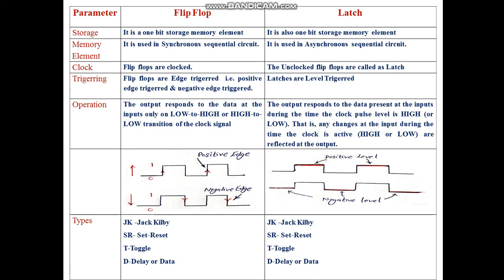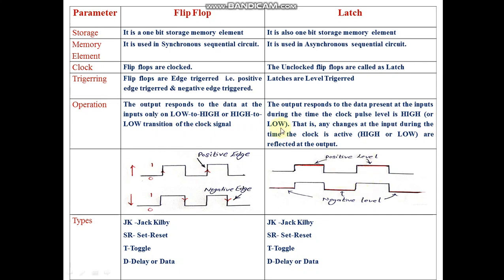So whenever this particular edge of the clock comes, only then does the output of the flip-flop change. If the input of the flip-flop changes in between these two edges, no matter how many times, the output doesn't change. The output will only change when the edge comes.